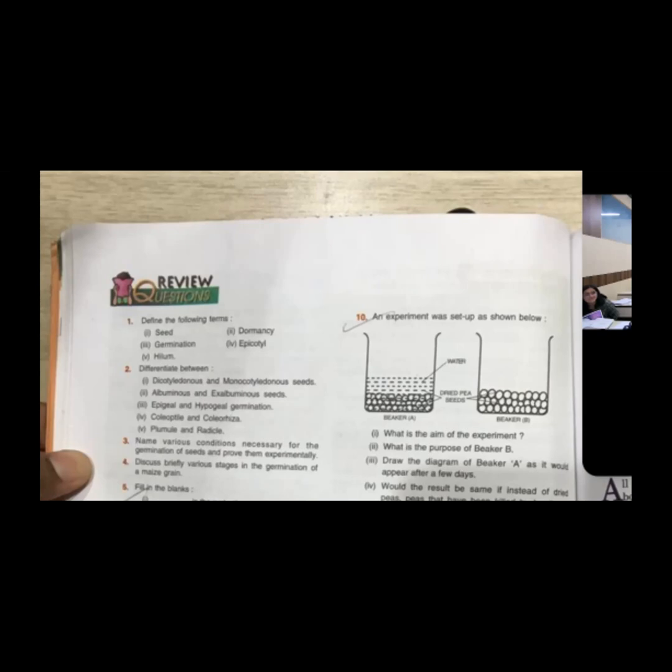Two examples of viviparous plants you should also remember. From this chapter, did you complete the last progress check in your textbook? If not, do it. See that all the sets of questions are done in the textbook. Yes, I'm doing it.